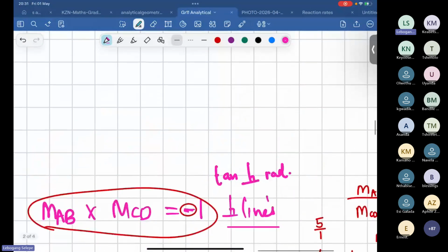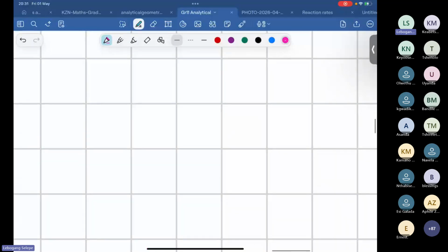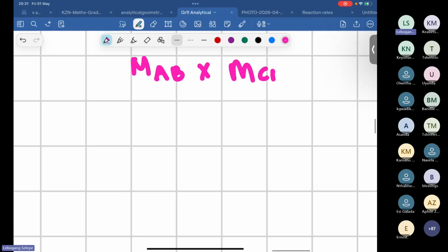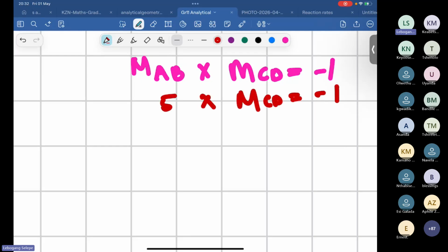And then I made an example. If I understand that the gradient of AB multiplied by the gradient of CD is -1, most likely in my exams I wouldn't substitute like this and say MCD equals -1 and try to solve for MCD. You could, because it still will give you the right answer.